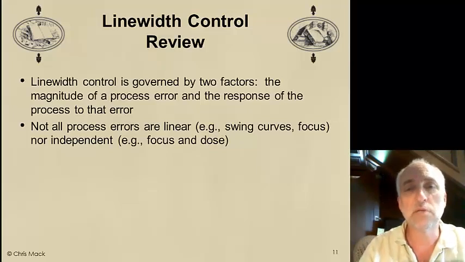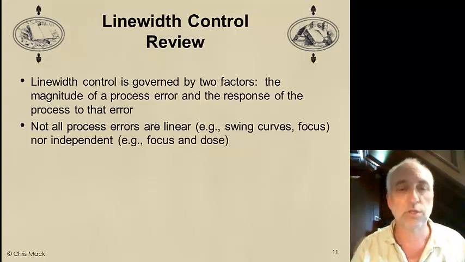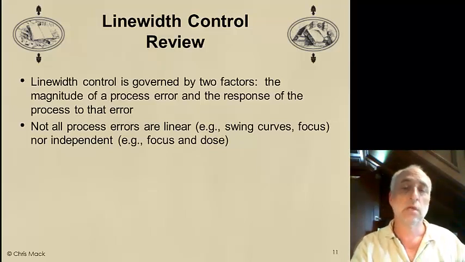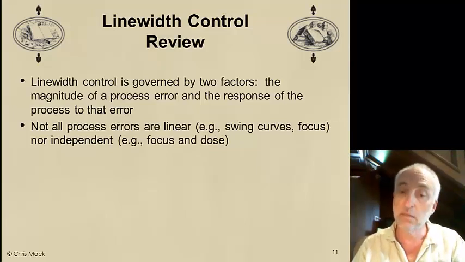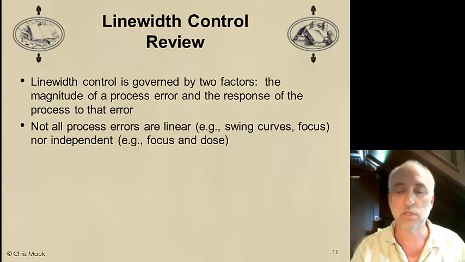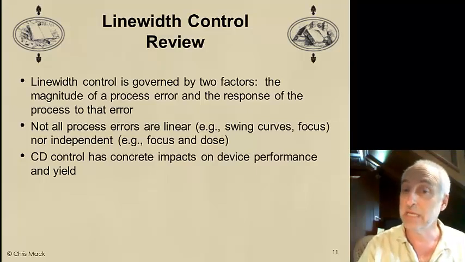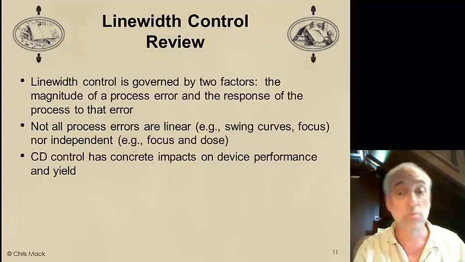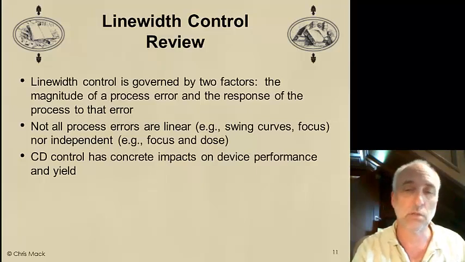Nonetheless, this linearization of the problem is quite useful, and thinking of an approach to improving line-width control as designing processes with good process latitude and then working on the process to minimize the sources of errors, very good thing. We know that CD control has concrete impacts on the performance of a device and on the yield. It depends on the specific layers, but we have some pretty good understanding in most fabs exactly how much CD control results in how much device performance or yield loss.